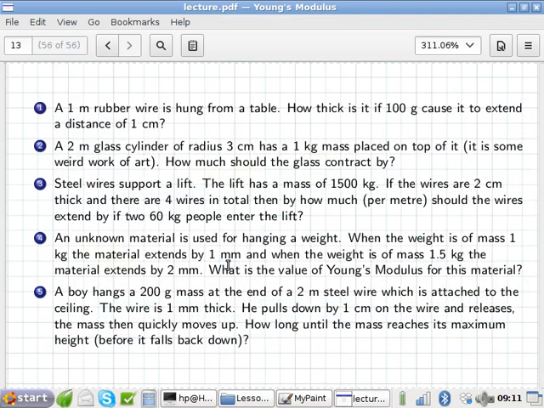Okay. A 1 meter rubber wire is hung from a table. How thick is it if 100 grams cause it to extend by 1 centimeter? Okay.